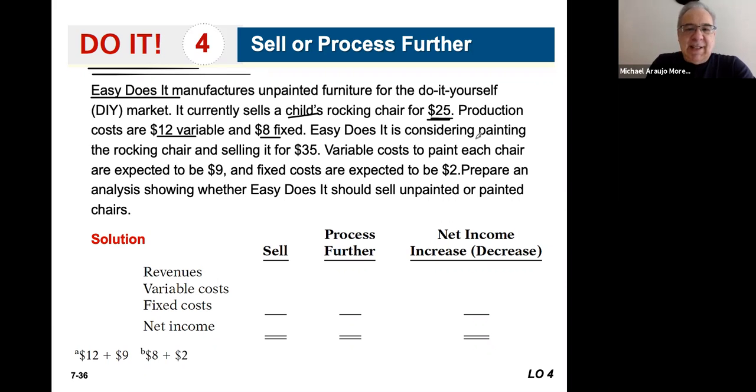Easy Does It is considering processing it further, which means they can paint the chair and sell it for $35. However, if they decide to paint the chair, it's going to be an increase of $9 to variable costs and an increase of $2 to fixed costs. That's unusual, right? Prepare the analysis whether Easy Does It should sell or paint those chairs, unpainted or painted chairs.